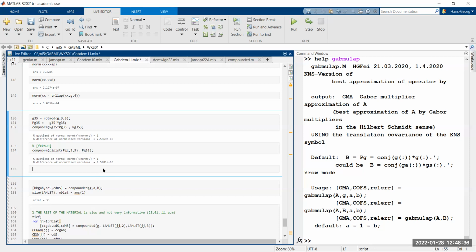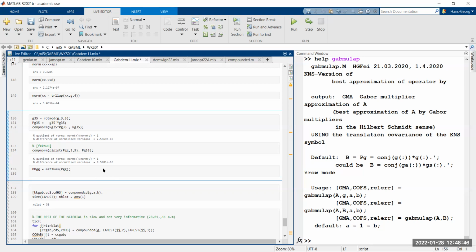I want to demonstrate only one little thing: if we take now the Kohn-Nirenberg symbol, KPGG is the matrix Kohn-Nirenberg of the projection operator, and we've seen this looks like a two-dimensional Gauss function, and we can take the PG. Well, that's right, GG35, which is the matrix Kohn-Nirenberg symbol of the projection operator PG35.